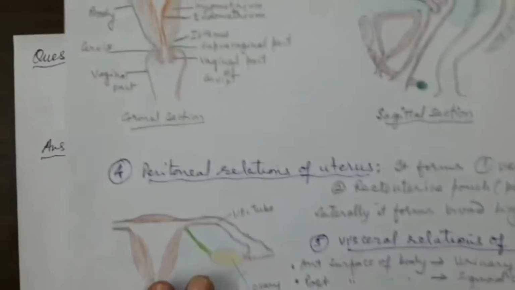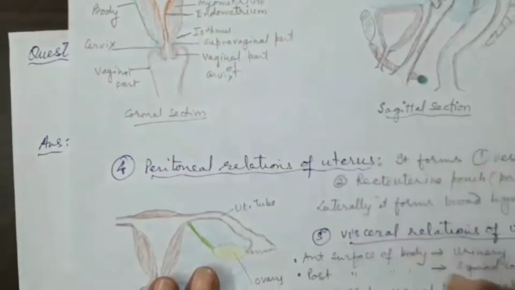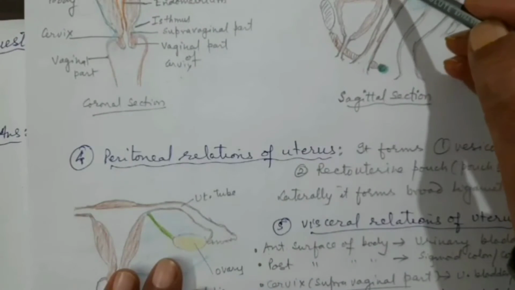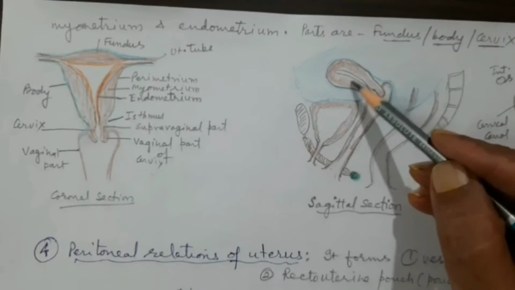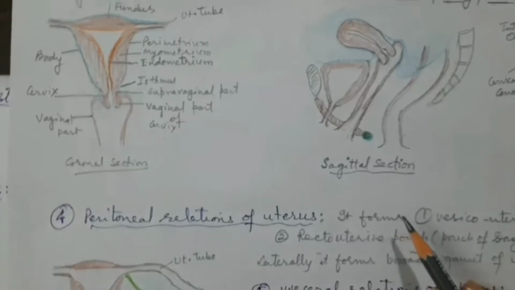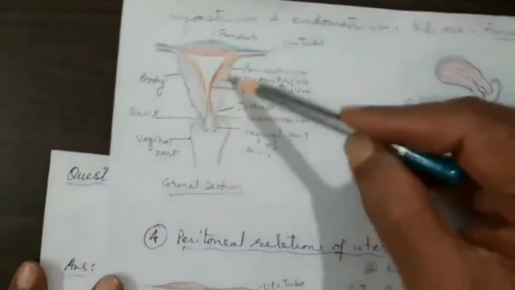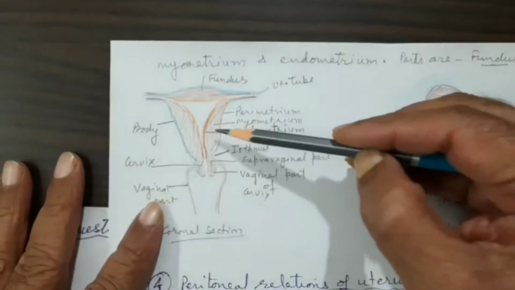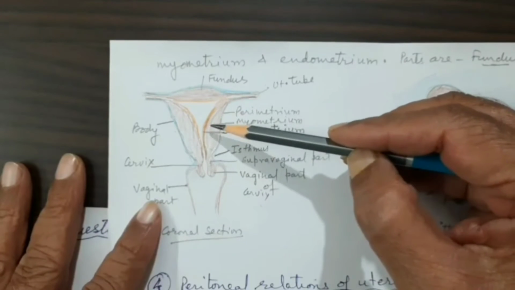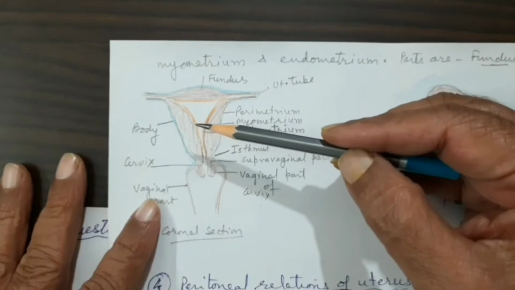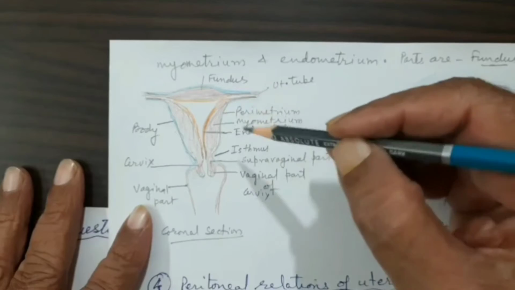Now, if you see the wall of the uterus in this coronal section or in this sagittal section, you will see that there are three layers, which are better seen here in the coronal section. And which are these three layers?